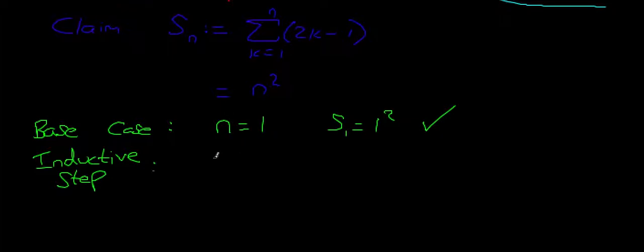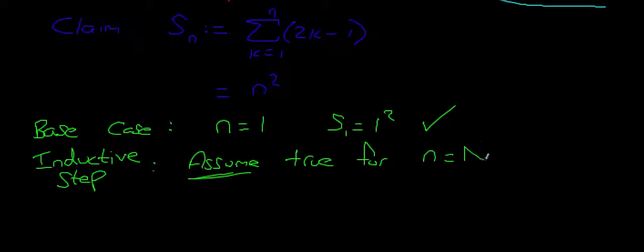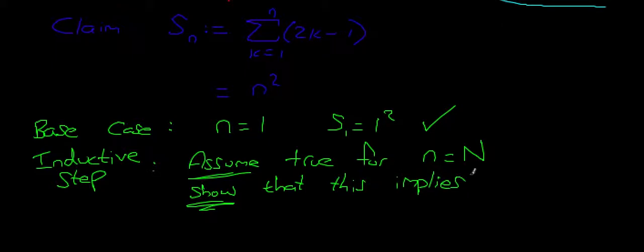And what we do for the inductive step is we assume that it's true for some random integer n, capital N, and then we're going to show that by making this assumption, it implies that it's true for the case n is n plus 1.